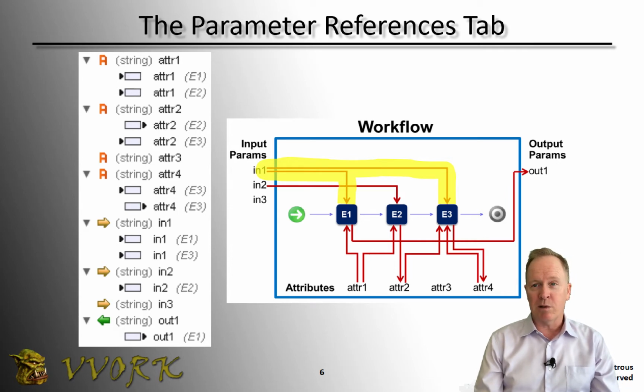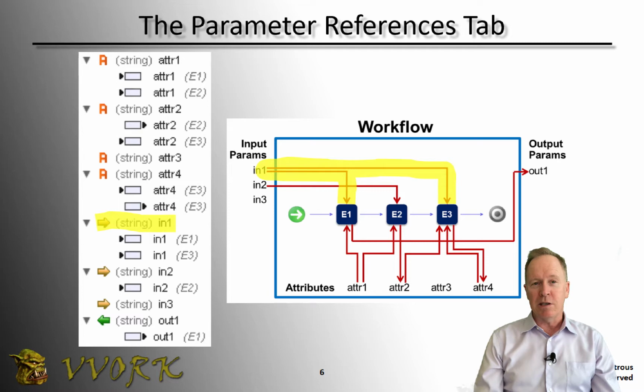What you will see in Orchestrator, if you go to the Parameter References tab, is that it tells you here that there is an input parameter. It's a string. The thing in parentheses here indicates the data type of the variable. And over here on the right, we have the name of the string. That's the same information that we saw in the previous slide.